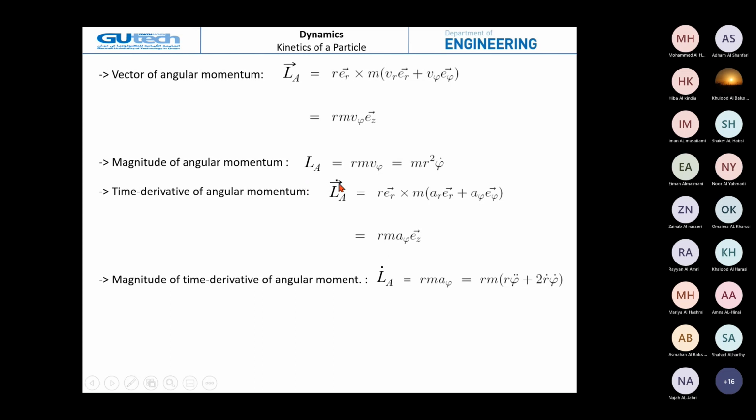We can represent V phi, as we have seen, as R phi dot. Then we get M R squared phi dot.